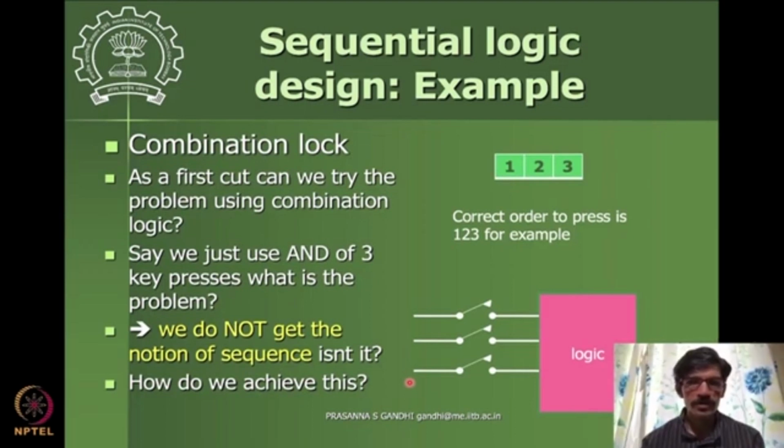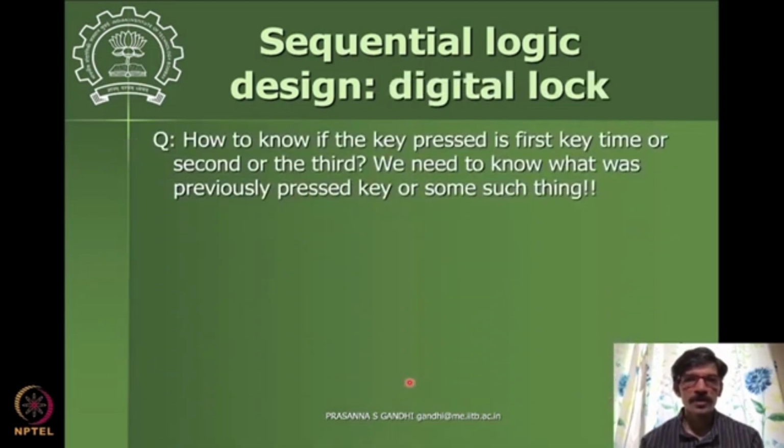That notion of sequence is not there in combinational logic. So far, in the last class on combinational logic circuits, all the circuits are of that kind. So how do we develop these concepts here? That is what we will look at.